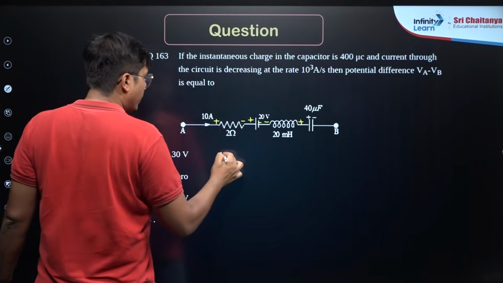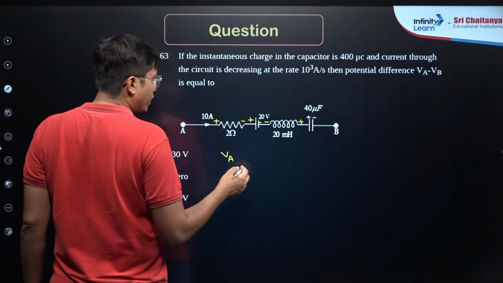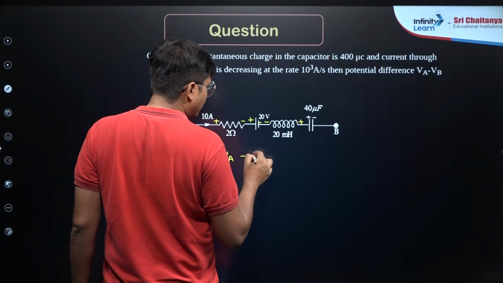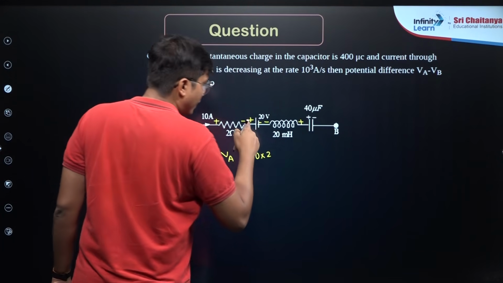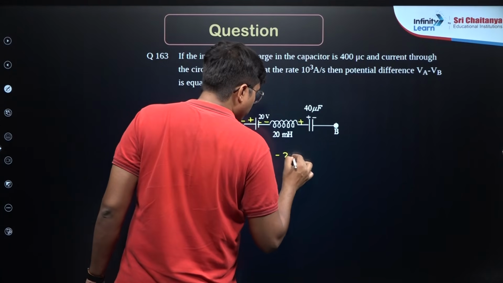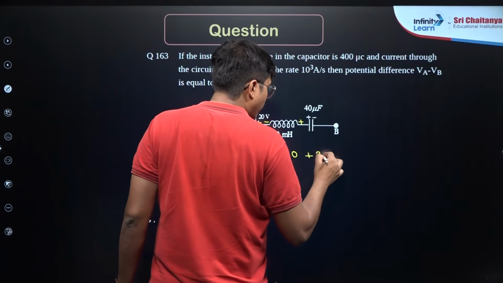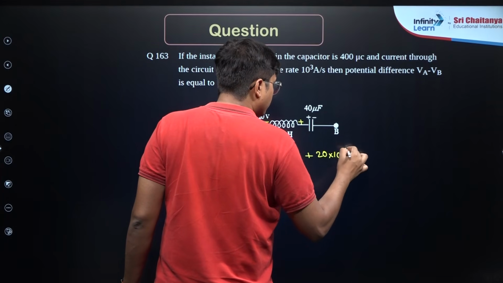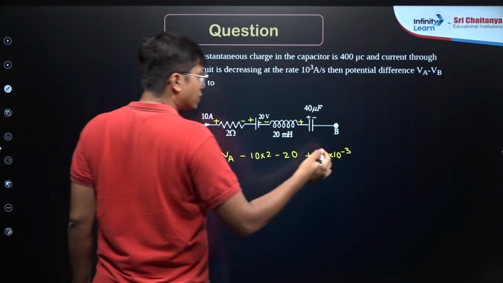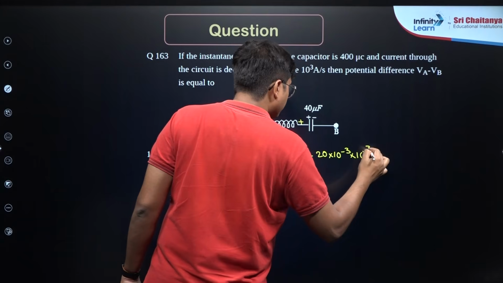So if you go from VA, here there is a potential drop as you move in that direction, minus 10 into 2. Here there is a voltage drop of 20 volts. Here there is a voltage gain of L di dt, so 20 into 10 to the power minus 3, into di dt, the rate at which it happens, that's 10 to the power 3.